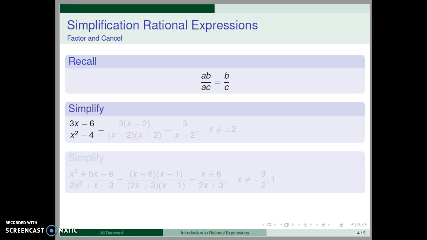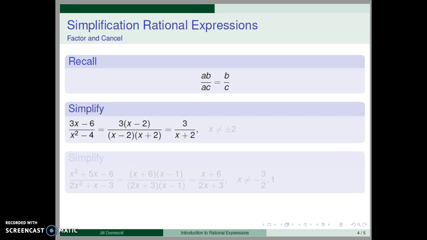To simplify 3x minus 6 over x squared minus 4, we factor the numerator and the denominator to get 3 times x minus 2 over the product x minus 2, x plus 2.